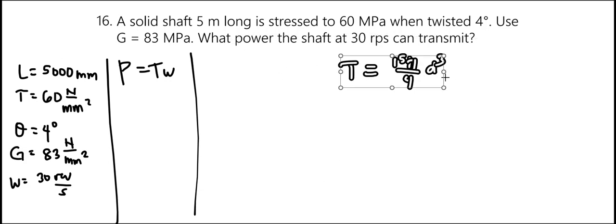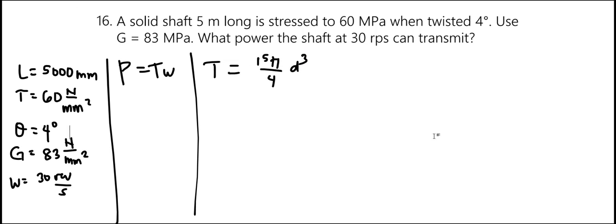And for our second equation, we will utilize the angle of twist formula. That is, the angle of twist is equal to the torque T times the length divided by the polar moment of inertia times the modulus of rigidity, or the shear modulus. We have an angle of twist of 4 degrees, converting into radians by multiplying by the conversion factor pi over 180 degrees.